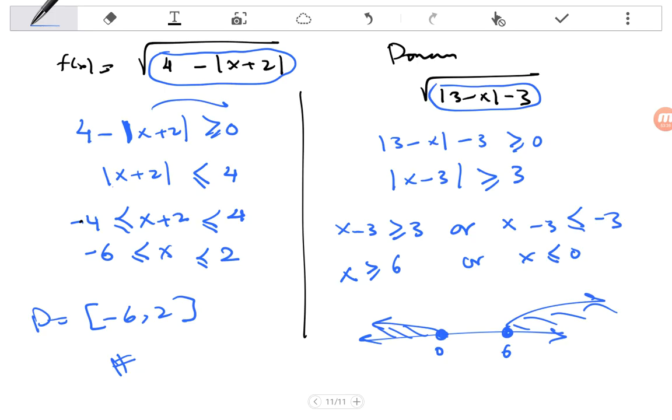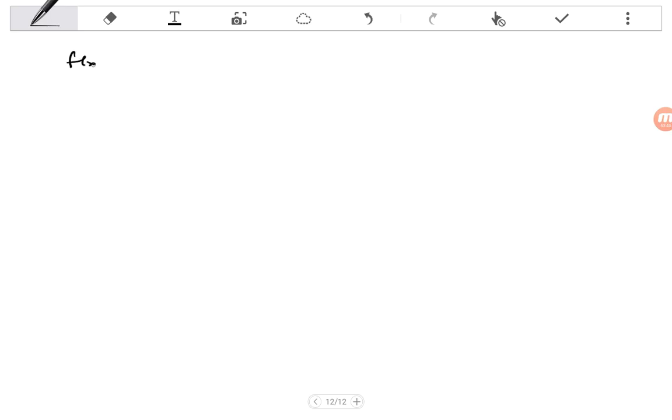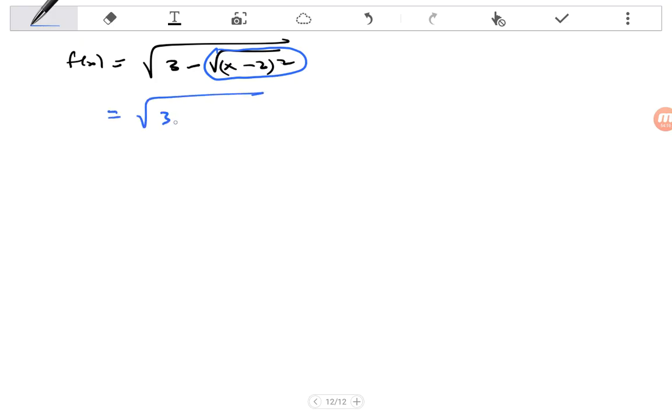Okay? What about this problem? f of x is the square root of 3 minus the square root of absolute value of x minus 2, all squared. We just need to detect that expression: the square root of something squared is exactly the absolute value of that expression.